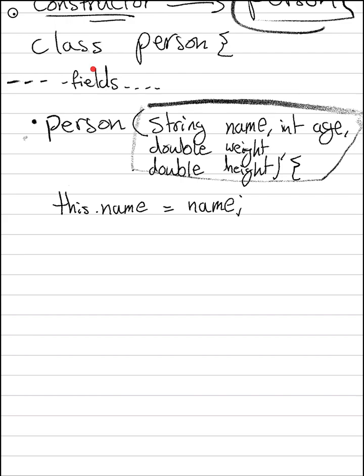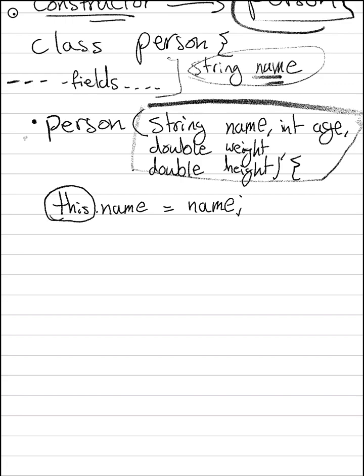And it also knows about these fields, okay? So when I have a field called string name, the way to access that field, the way to say, okay, I want this field to be set to something, is by using the keyword this.